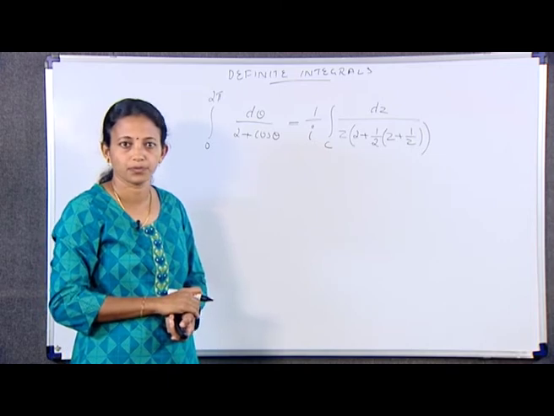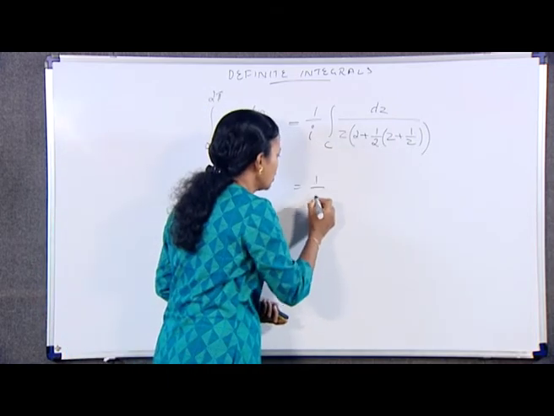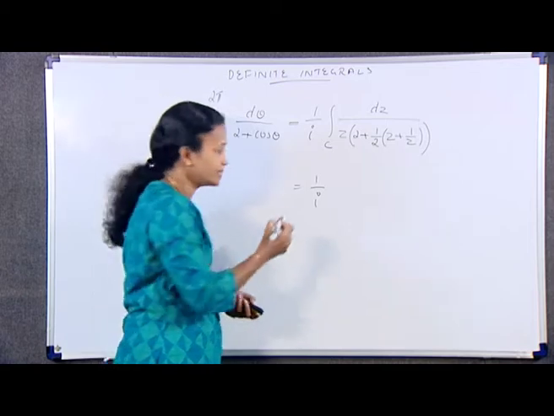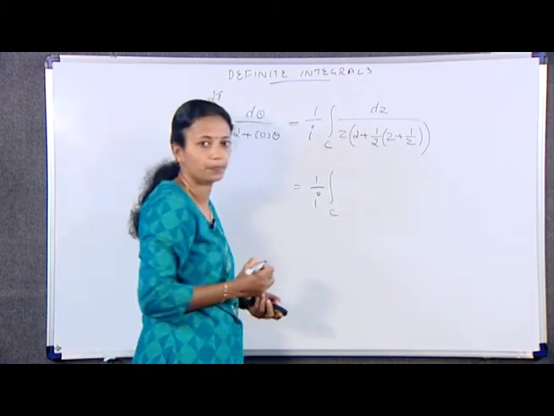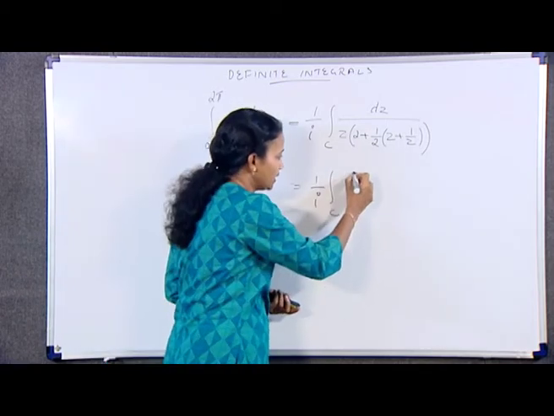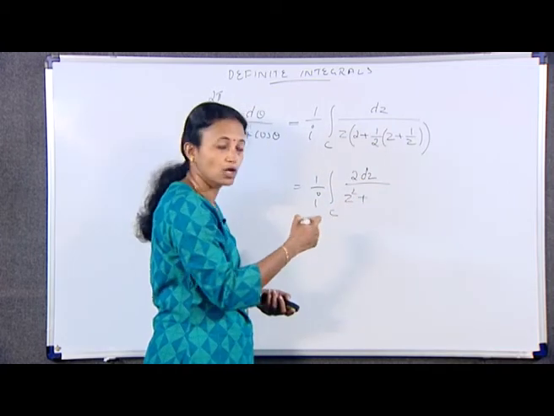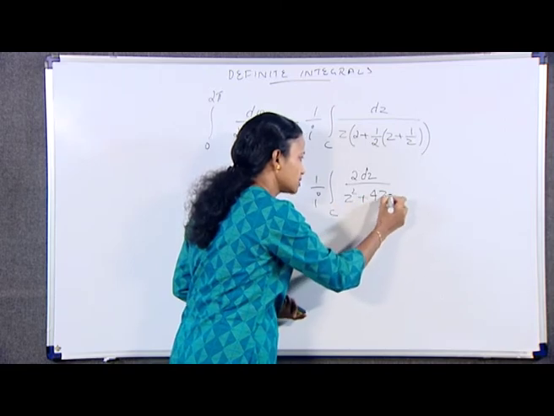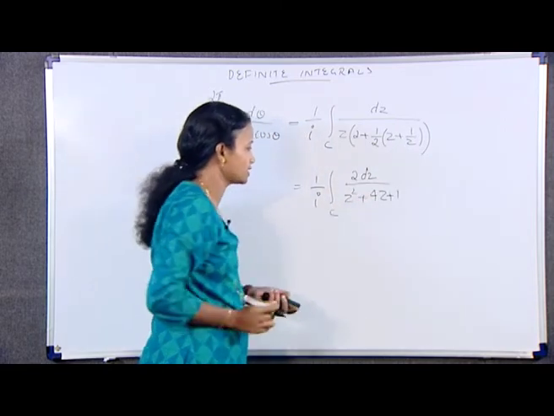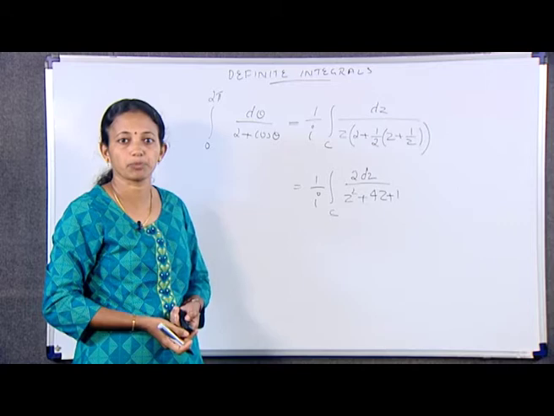This can be written as, which is equal to 1 by i integral over C 2 dz by z square plus 4z plus 1. On simplifying the denominator, we get it as z square plus 4z plus 1.